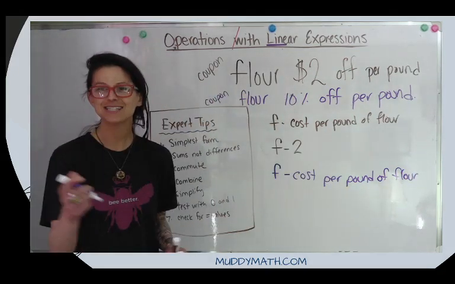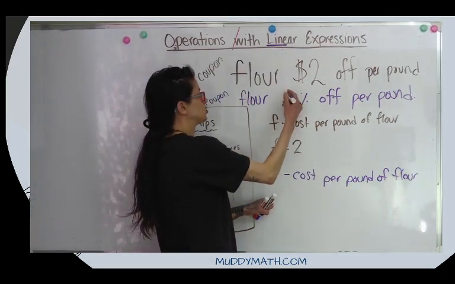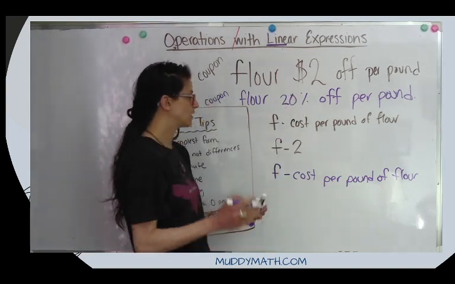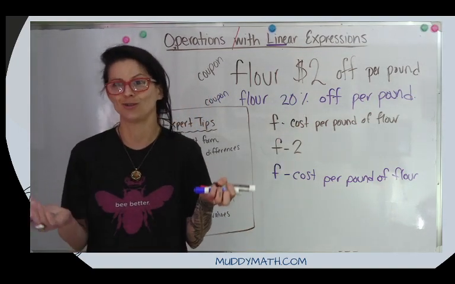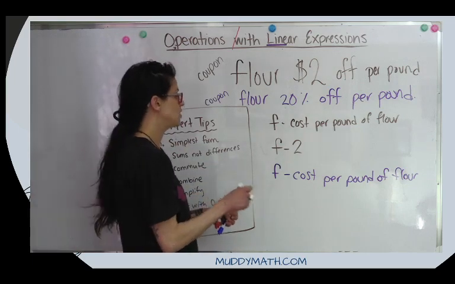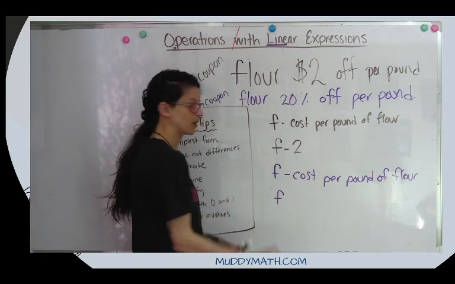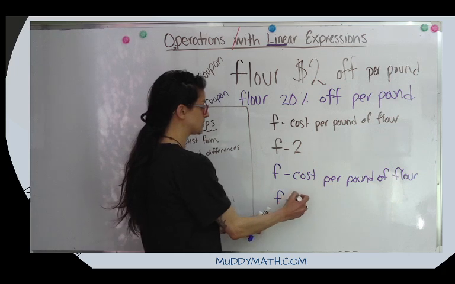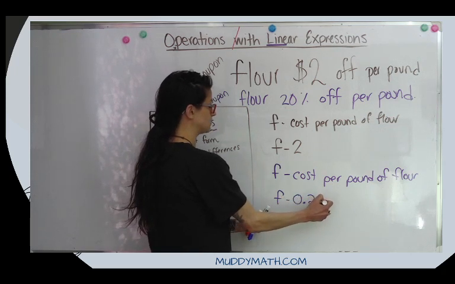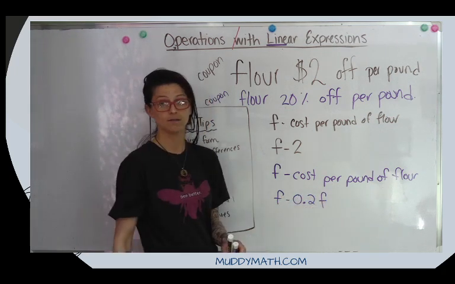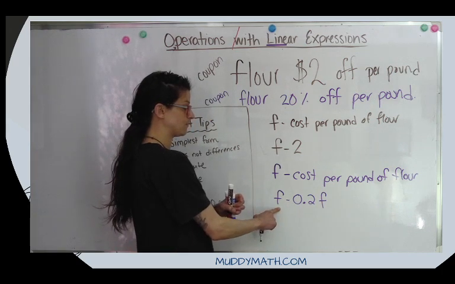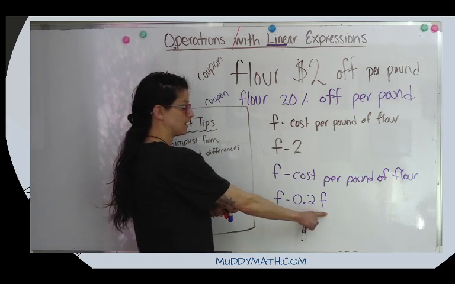Okay, and actually since we're using the 2, let's change this to 20% off so you all can see the difference of the 2s. So F is the original price, and we're going to take 20% of the original price and subtract it from the original price. So here's the original price of the flour. Then we take 20% of the flour.